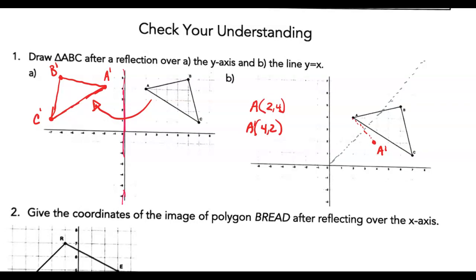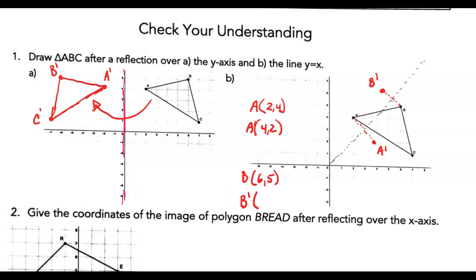Now for point B, again, it's 1 diagonal away. So now we're going to draw 1 diagonal away over here, and there's going to be B prime. So point B was 6, 5. So point B prime looks like it's 5, 6.